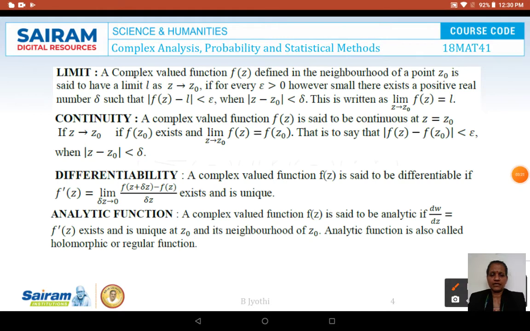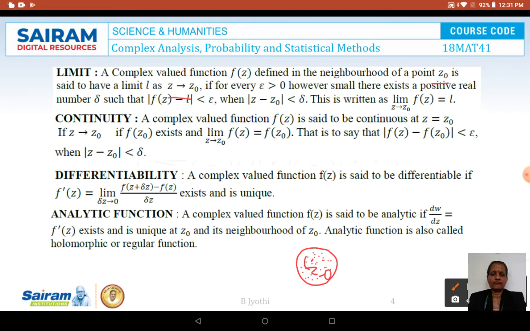If you take a point, say z0, the neighborhood is nothing but a small circle surrounding it, and the points which are within that circle are all neighborhood points. So, defined in the neighborhood of a point z0, it is said to have a limit L as z tends to z0. So any point z which is tending to z0 will be very close.